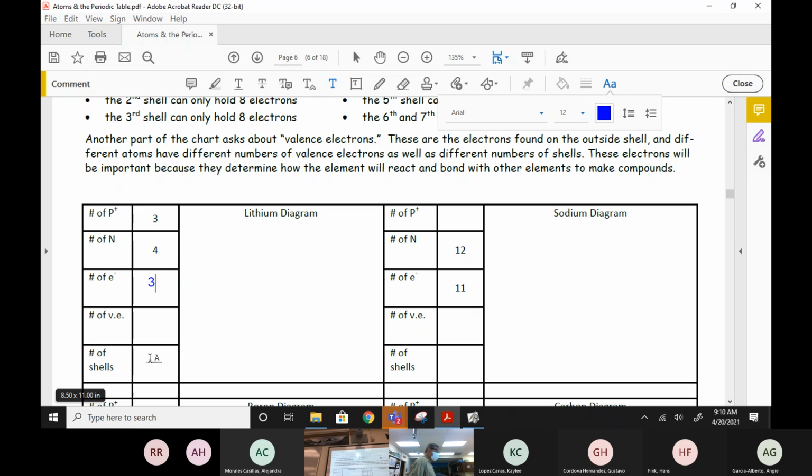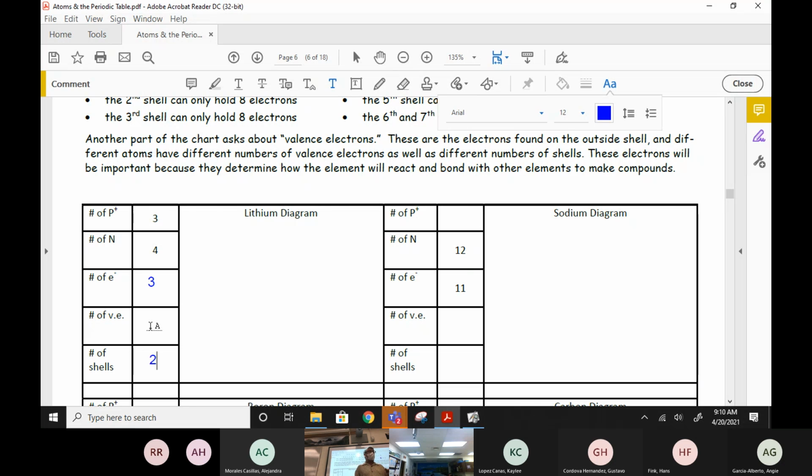Now, I would advise you to fill in the number of shells next and the valence electrons last. So how many shells do we have here? If there's 3 electrons, how many can go on the inside shell? 2 of them, which leaves 1 more. So how many shells do I have? I have 2 layers, don't I? I have 2 orbitals.